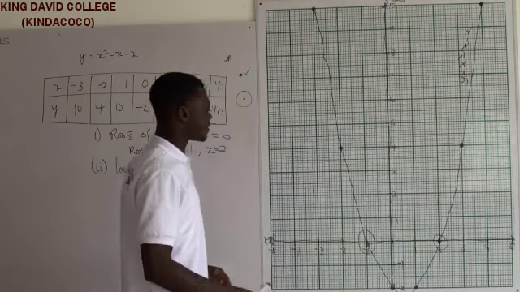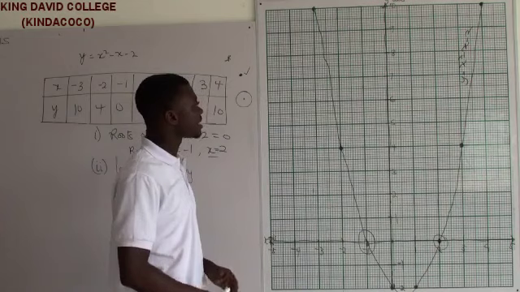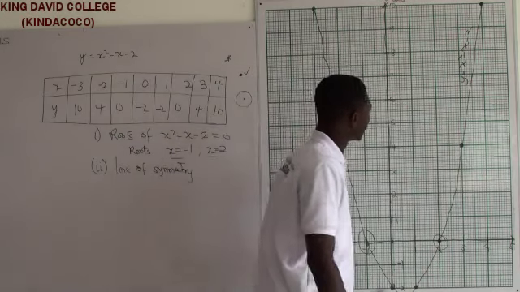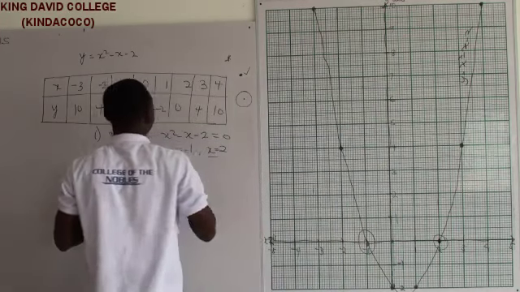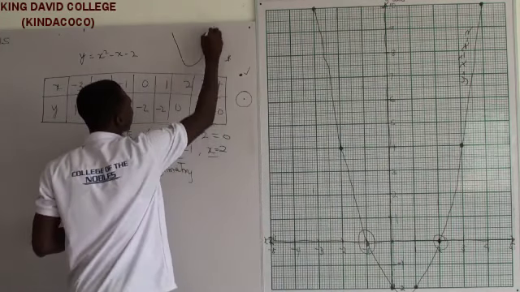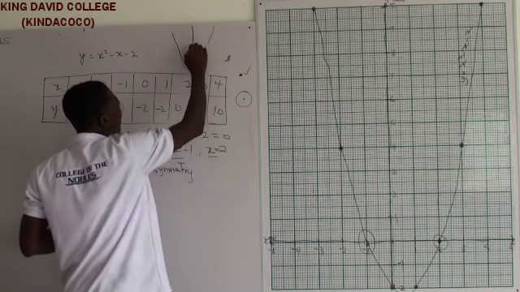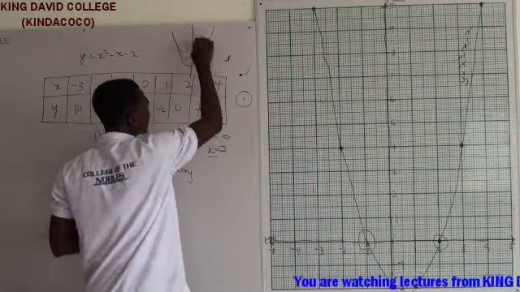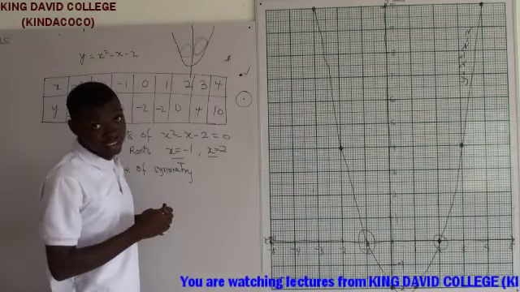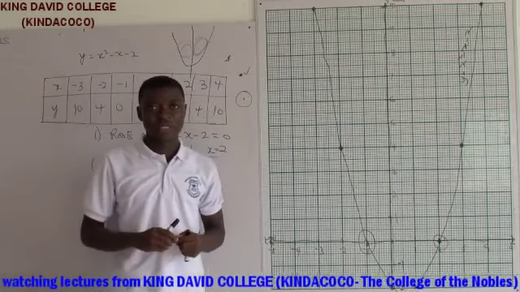When we say line of symmetry, that means a straight line that divides this curve into equal halves. We want a line that cuts this curve such that this side is equal to this side. That's why I said these quadratic curves only exhibit bilateral symmetry.